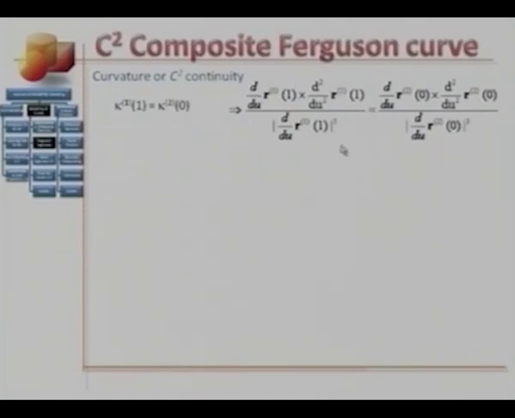An identical expression is to be used on the right hand side. The only difference is that the segment is the second segment here, and the information is evaluated for parameter value 0.